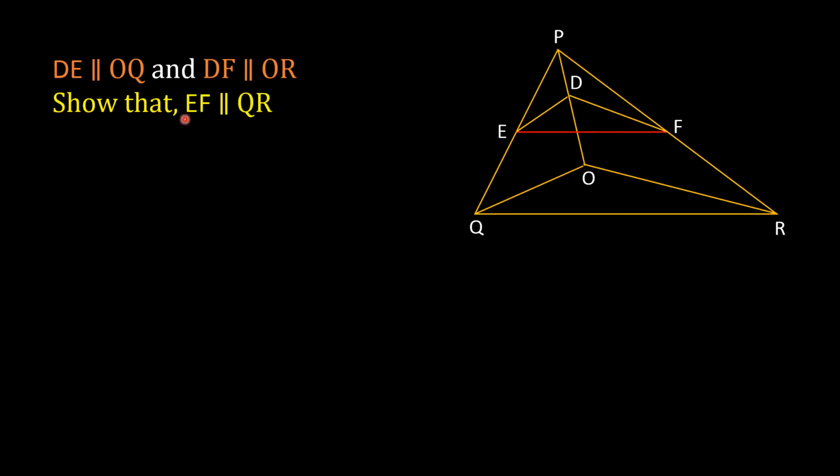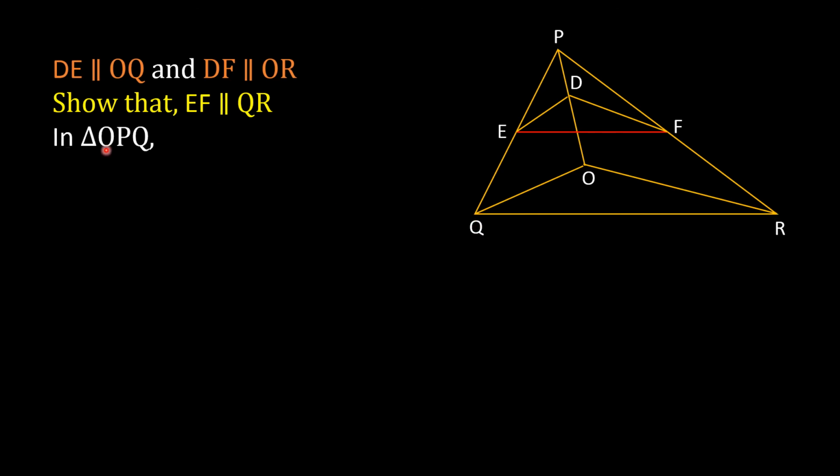In this given figure, DE is parallel to OQ and DF is parallel to OR. We have to show that EF is parallel to QR.